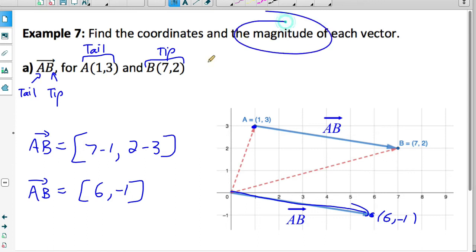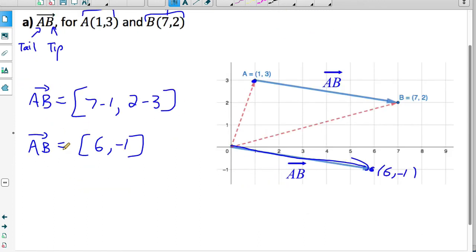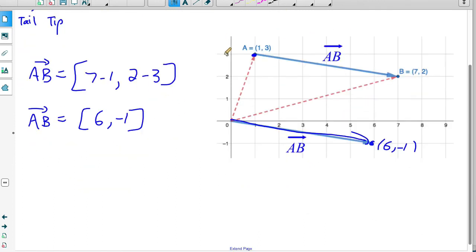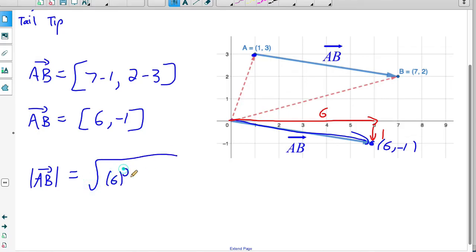And let's notice the question also asks us to find the magnitude of the vector. When finding the magnitude of the vector, all we're really doing is the Pythagorean theorem. We know that that length is 6 and that length is 1. With the Pythagorean theorem, we could find that side. And when we use the formula for the magnitude of a position vector, the magnitude of vector AB is just equal to the square root of 6 squared plus negative 1 squared.